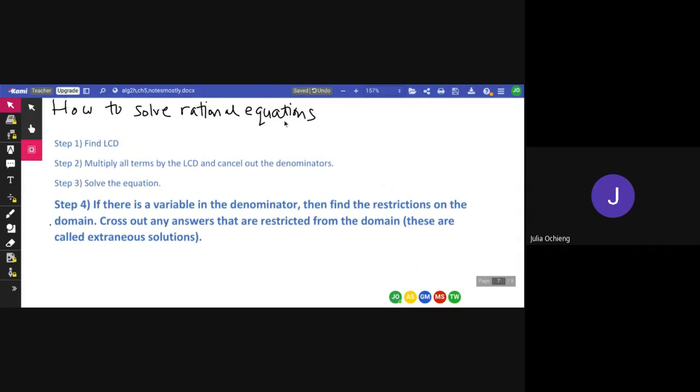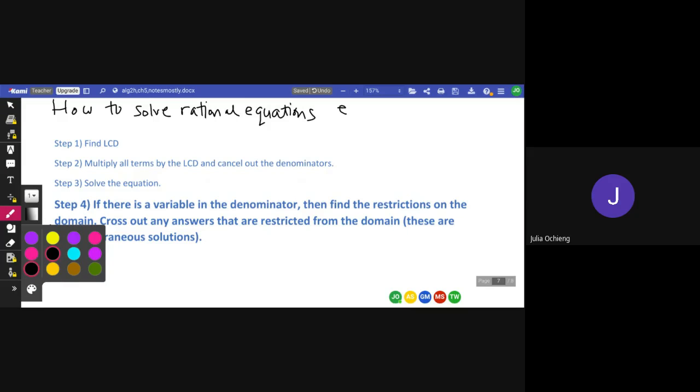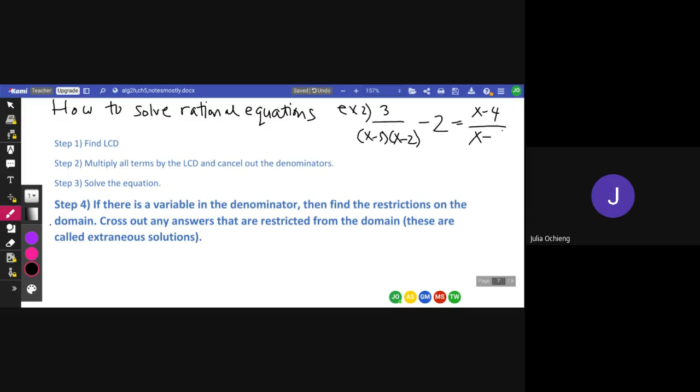Okay, so we're going to do how to solve rational equations, and the example we're going to use this time is example 2. Again, remember that anytime you see a fraction bar, there's invisible parentheses around any expression. So I'm going to make those explicit. You should know that that x minus 4 counts as one expression and x minus 5 counts as one expression.